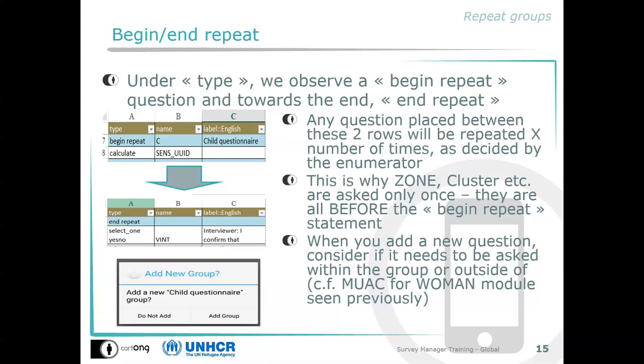So to repeat, when you add a new question and you have that question appearing either in the women or in the child questionnaire, you need to think whether it should be inside the repeated group or whether it should be outside of the repeated group, because it's more of a household question.